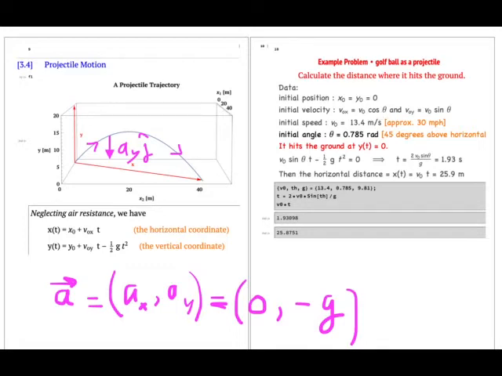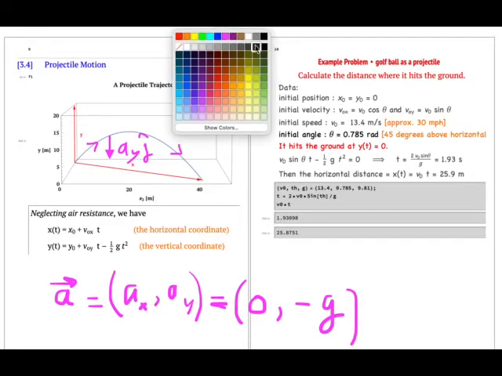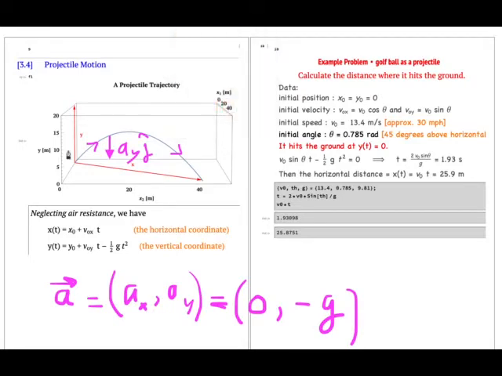So I guess, let's put it in a different color. This would be theta, that angle. So if you hit the golf ball at a 45-degree angle, it's traveling up with the speed over the square root of 2 for the x component of velocity, and also the speed divided by the square root of 2 for the y component of velocity.